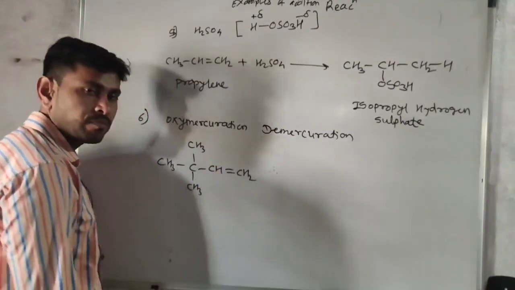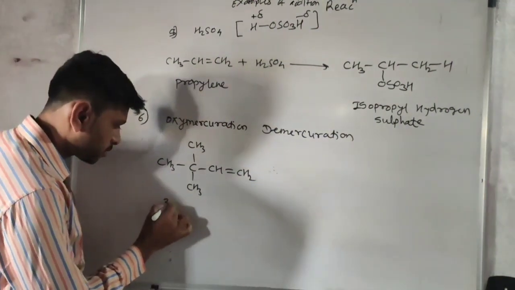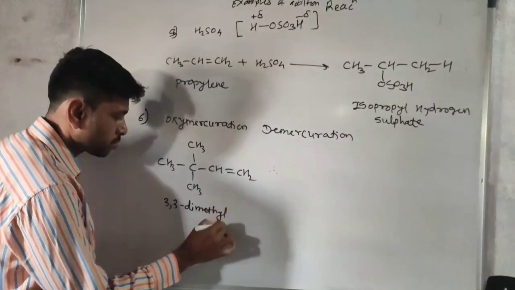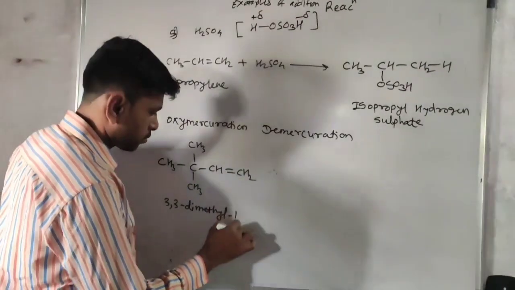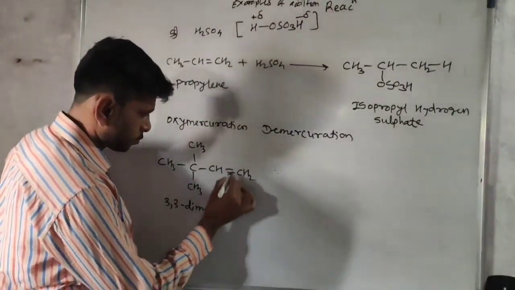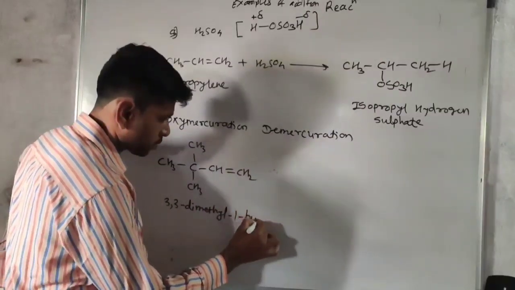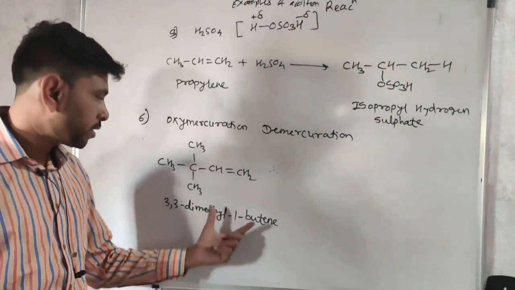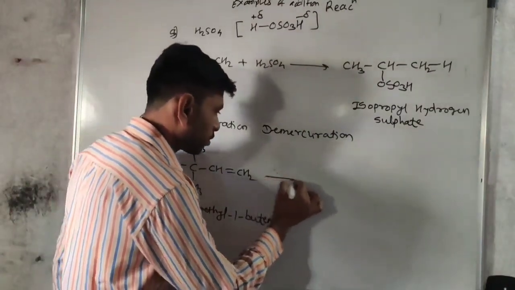What is the name of this system? 3,3-dimethyl-1-butene. And this system, when mercuration means what?